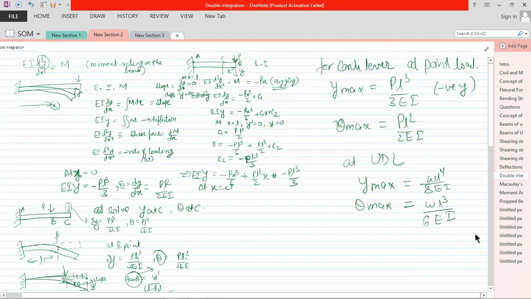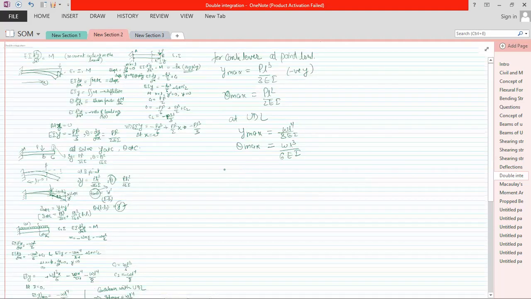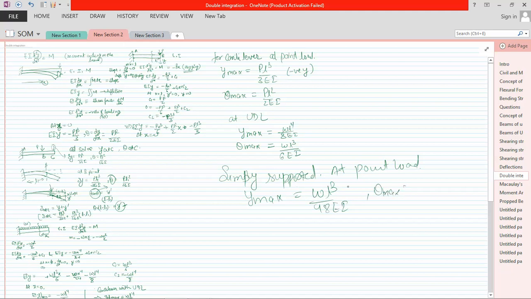Now for simply supported, what is the value? For simply supported with point load, y maximum is equal to WL cube by 48 EI and theta maximum is equal to WL square by 16 EI.